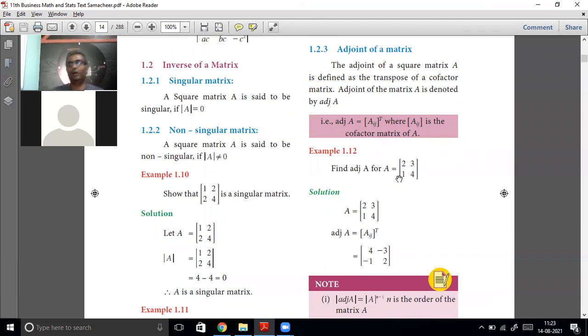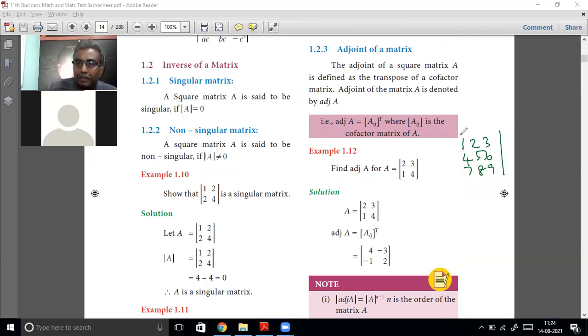Adjoint of a matrix. Now we are coming to the step previous to finding the inverse. First you should find all the minors, then all the cofactors, then the transpose of the cofactor matrix. You know what is transpose, right? See, take the matrix 1, 2, 3, 4, 5, 6, 7, 8, 9.